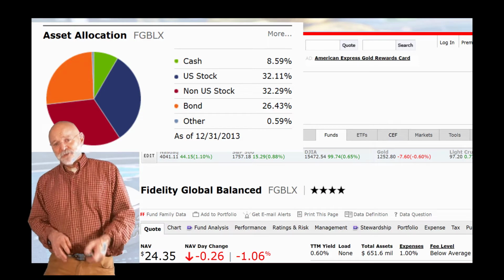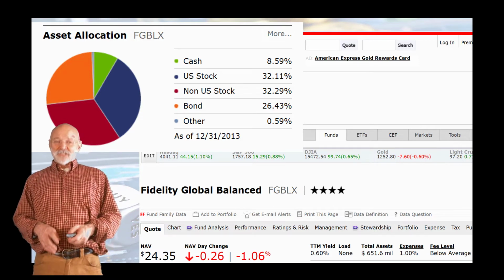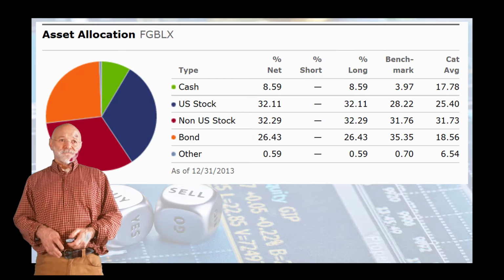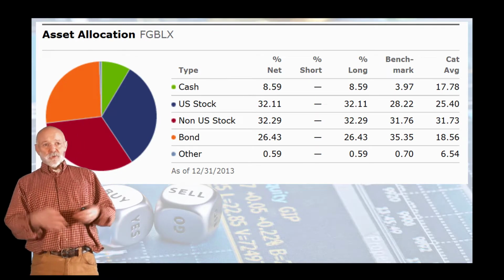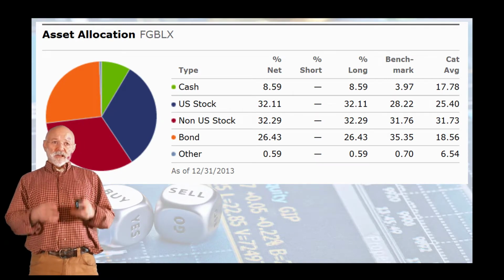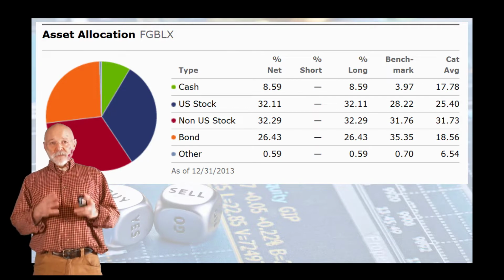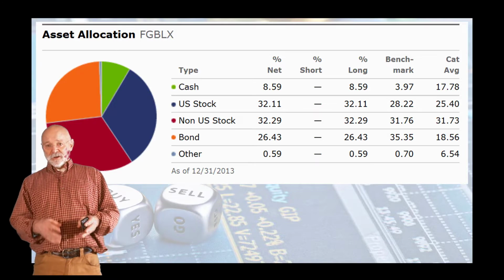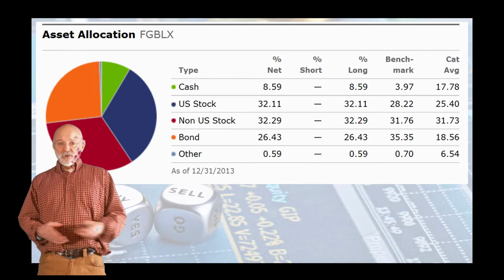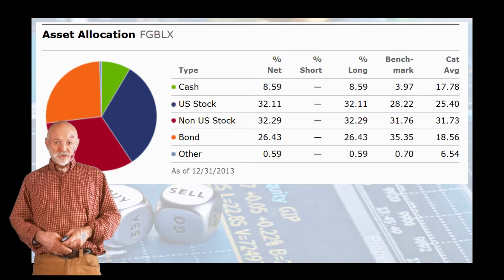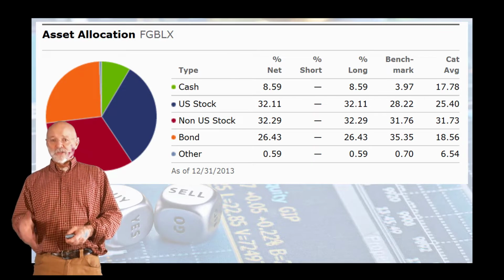But if we compare that to what Fidelity expects in this kind of portfolio, you can see here we are, the same numbers that we saw before: cash, US stock, non-US stock, bonds, and others. The numbers that we've actually got are there. And the fact that they're all long is not a big surprise. That's a typical position for a mutual fund. They're not holding short positions.